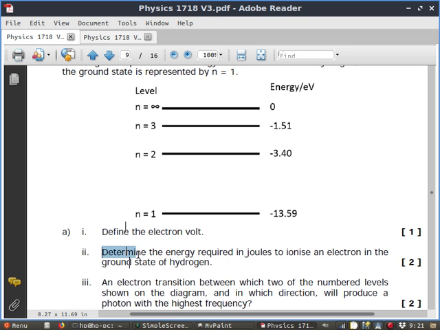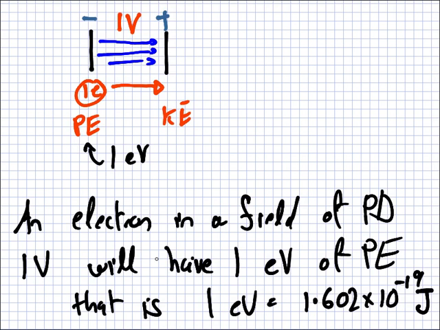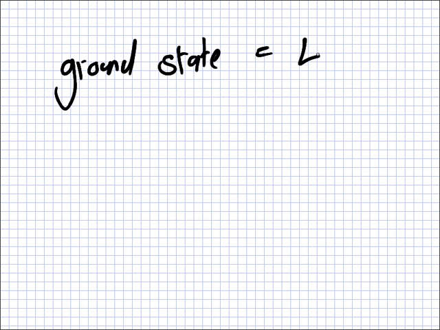What is the energy required to ionize in the ground state? The word ground state is a word in physics that just means E0, the lowest orbit.